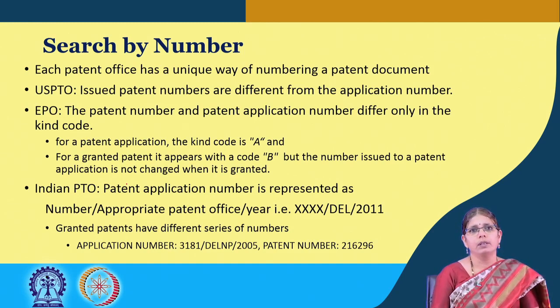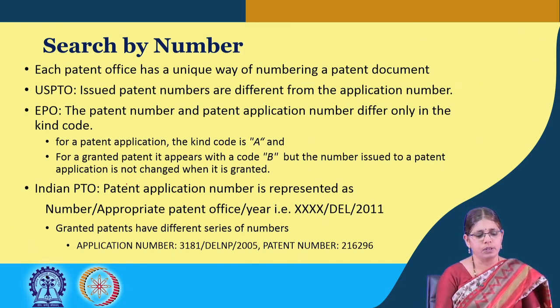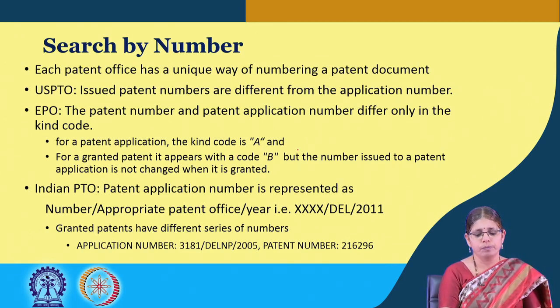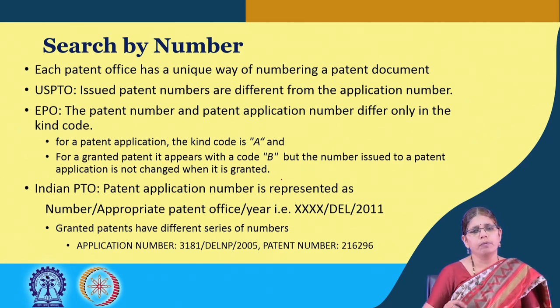And many a time the number is followed by a letter which indicates the status. If you look at this particular discussion in relation to the EPO, there is a kind code which is used. Most often, if you look at patent numbers, you will either find a grant, which is just the basic number, or you may also have letters which tell us the status of the patent application.